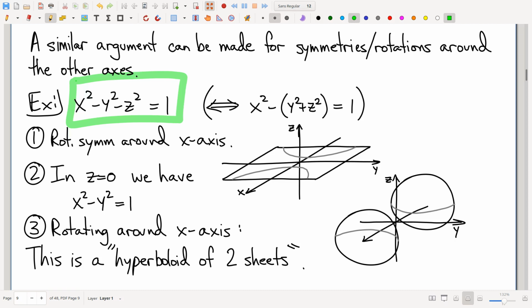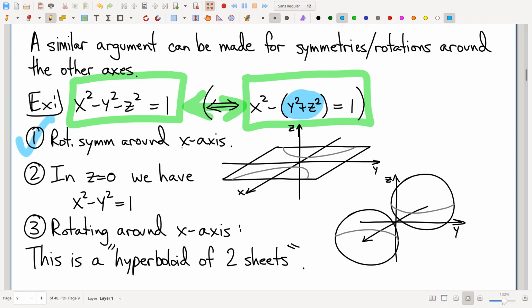So there is no z-axis symmetry. But you notice the easy equivalent algebra makes y and z appear only in the special form. And so we get a rotational symmetry around the x-axis, which is there. Okay, rotational symmetry around the x-axis.